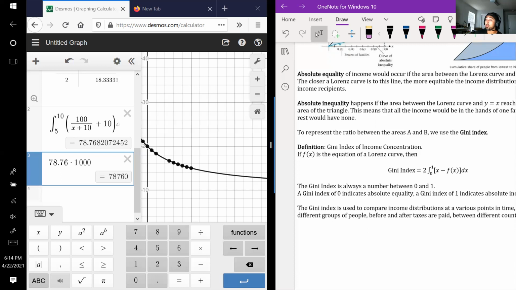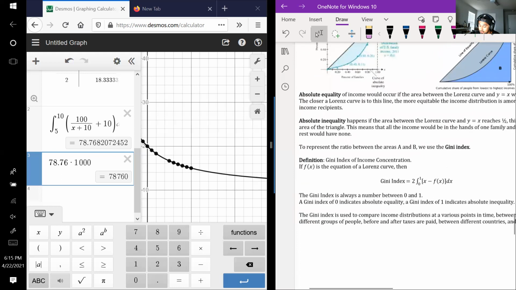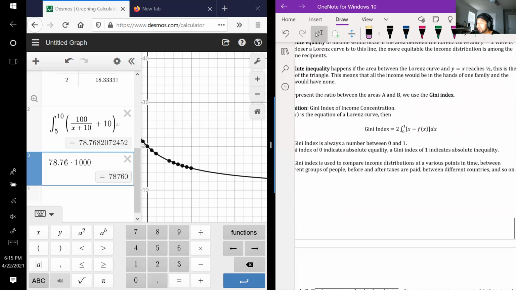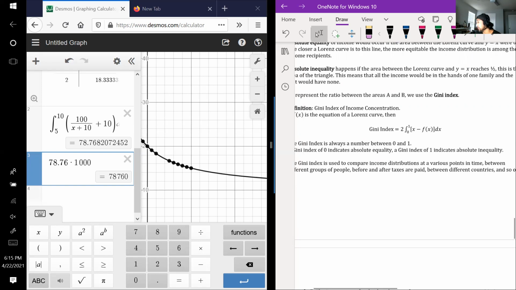The closer you are to 0, the more income is being equally distributed. The closer you are to 1, the more income is unequally distributed. And the Gini index is used to compare income distribution at various points in time, between groups of people, before and after taxes, different countries, on and on and on. So let's go ahead and work the last example using the Gini index.